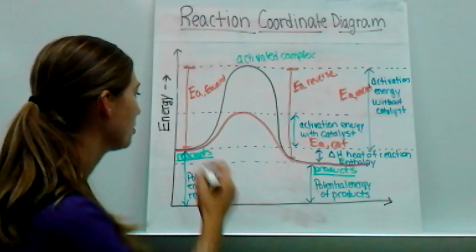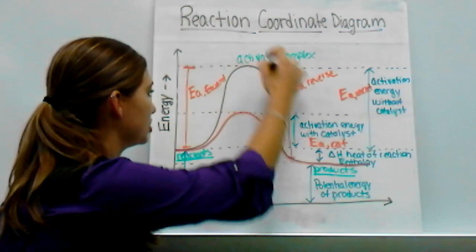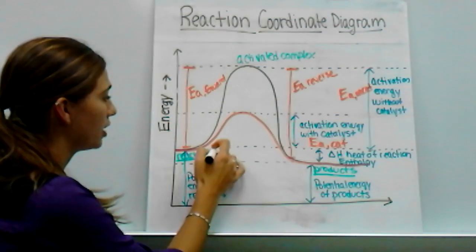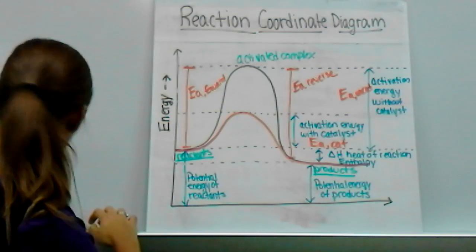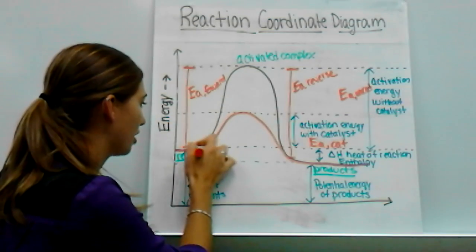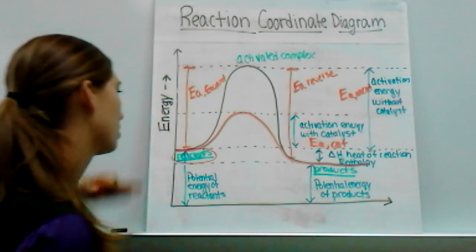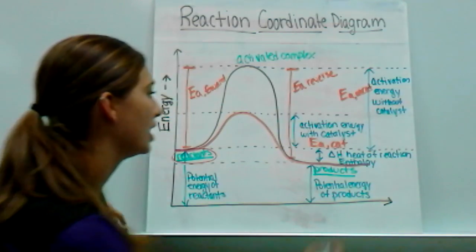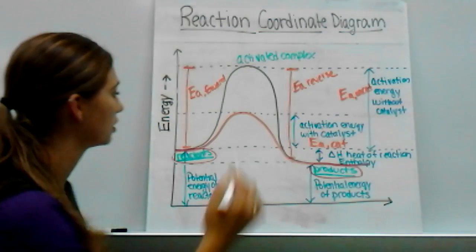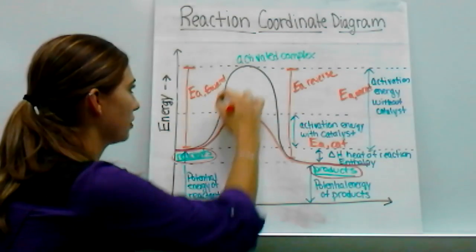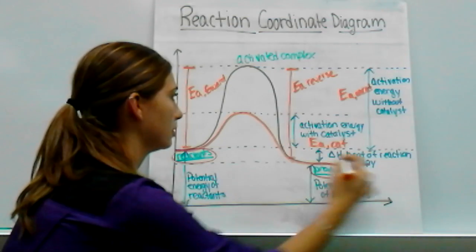So here, what we're looking at is an energy diagram. In the beginning, we are starting with our reactants. Then at the end, we are getting to our products. It goes up and comes back down.